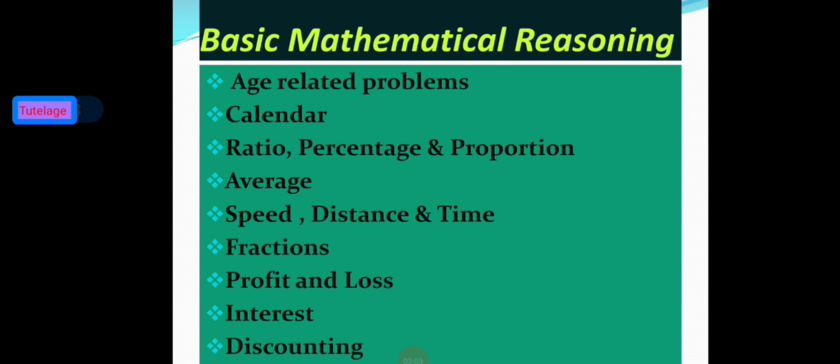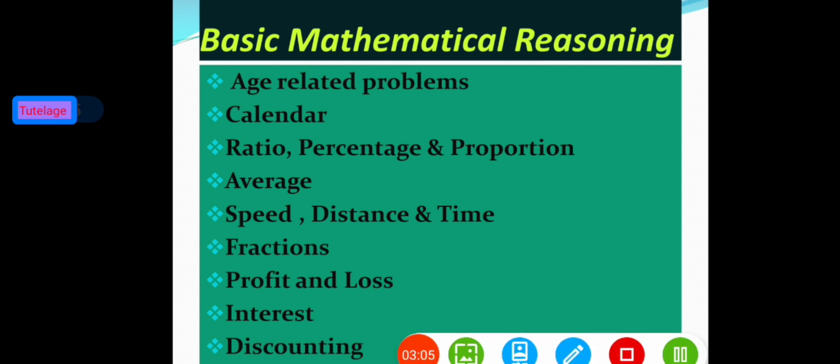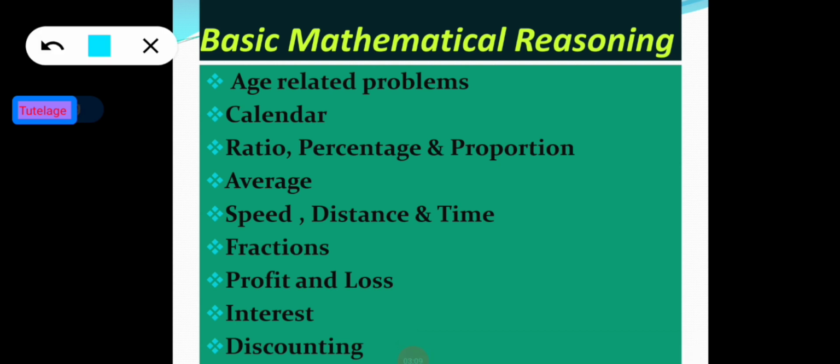Basic mathematical reasoning includes some areas. The first area is age related problems. Second one is calendar series problems. Third one is ratio, percentage, and proportion related problems. Fourth one is average related problems. Fifth one is speed, distance, time related problems.